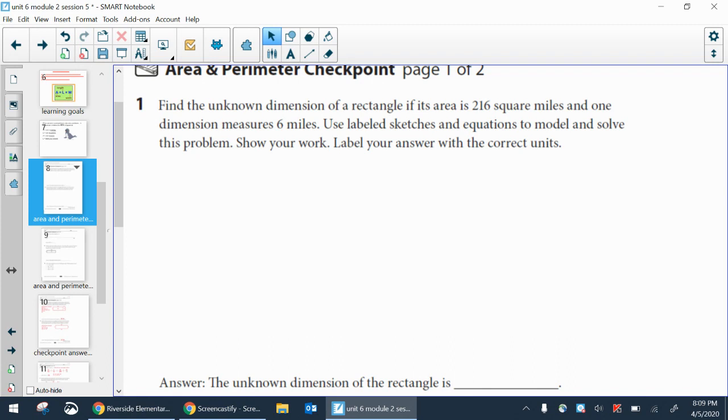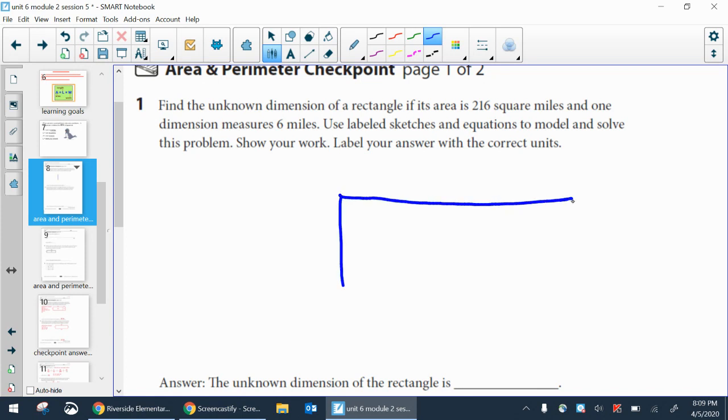All right, let's take a look at the problem. So I'm going to start by using an area model, drawing my big rectangle, and I know that here it tells me my inside is 216 square miles.